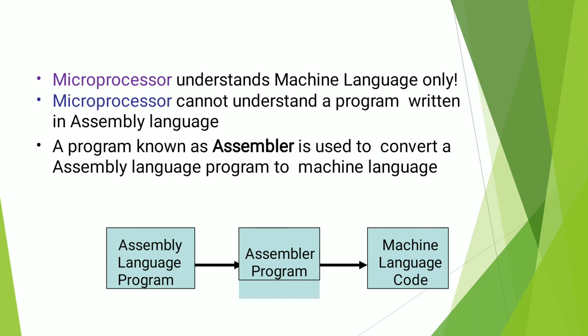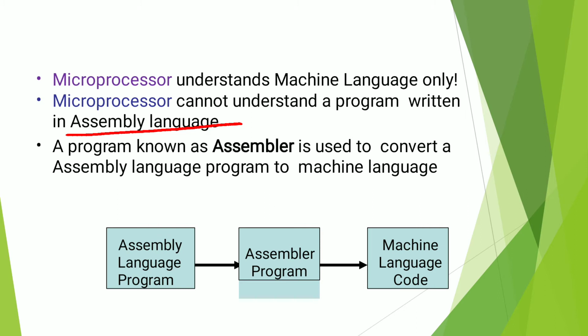Microprocessor understands machine language only. Microprocessor cannot understand a program written in assembly language. Means when a program is written in a language other than machine language, a computer cannot understand it. A program written in other languages has to be translated into machine language before it is executed.